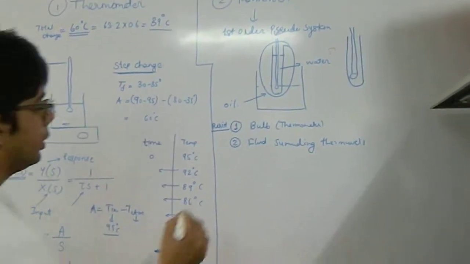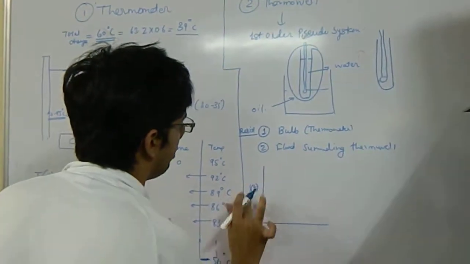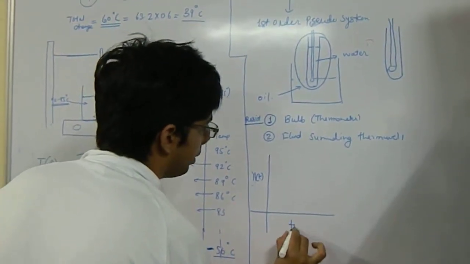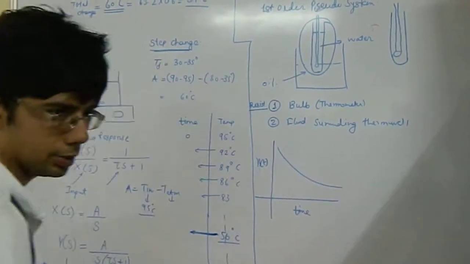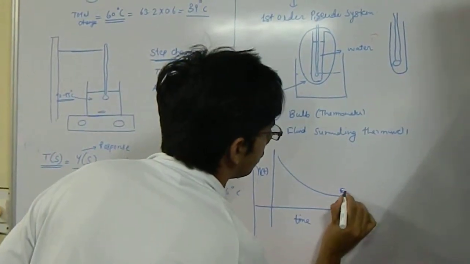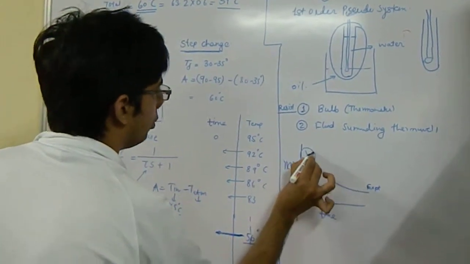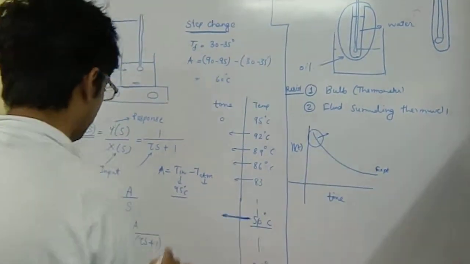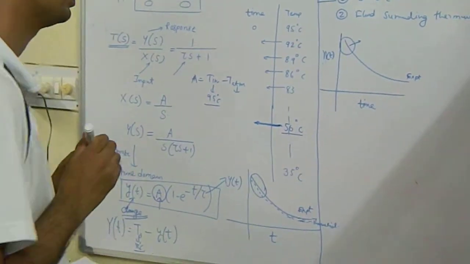You have this y of t, which is the response, the capital Y, versus the time. So you will get some plot like this. So this is the experimental observation. The area of concern is this part, where the drop may not be as sharp as the drop in this part because of the resistance.